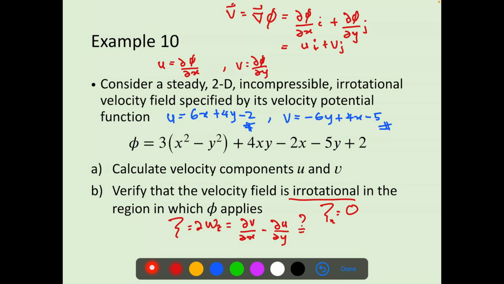Is it equal to 0? You have to calculate. Del v over del x is 4. Del u over del y is 4. So 4 minus 4 equals 0, so this is irrotational.